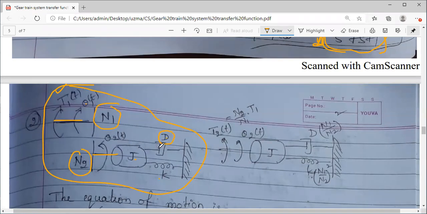To find the transfer function, you have to transform this given system which has gears and redraw a mechanical system which has no gears. So whenever you reflect the terms of one shaft over the other, the elements will not remain the same, they will change.